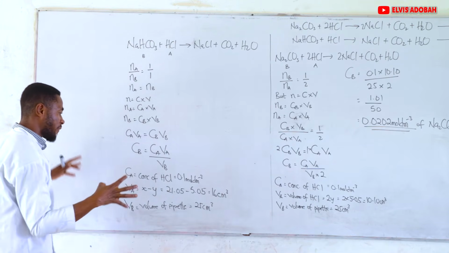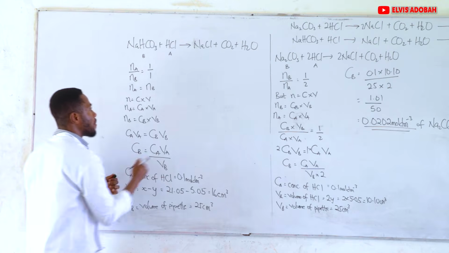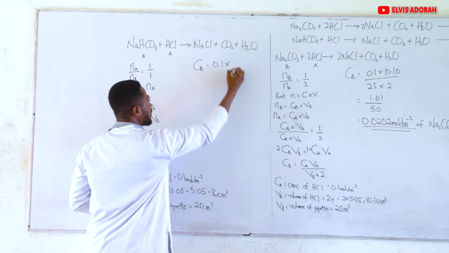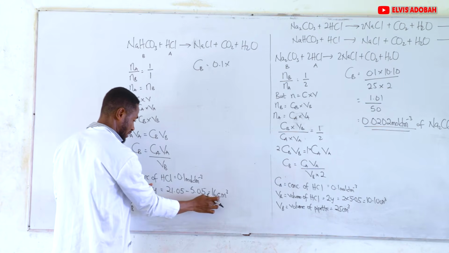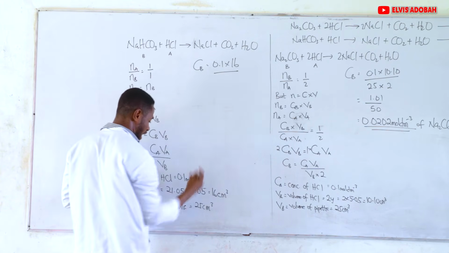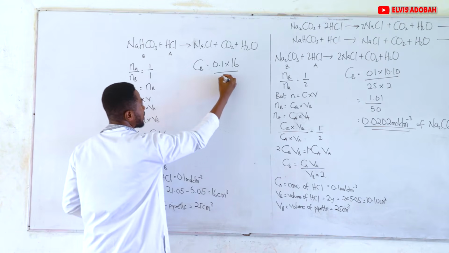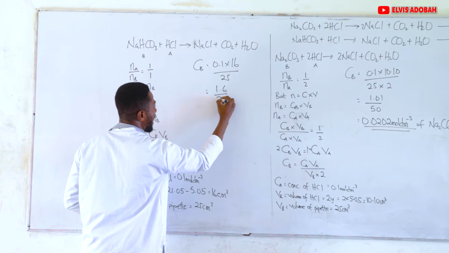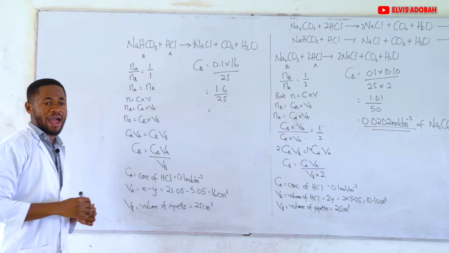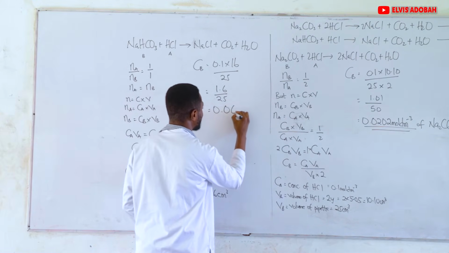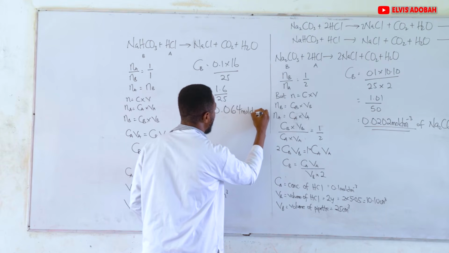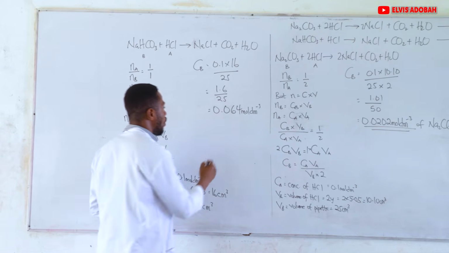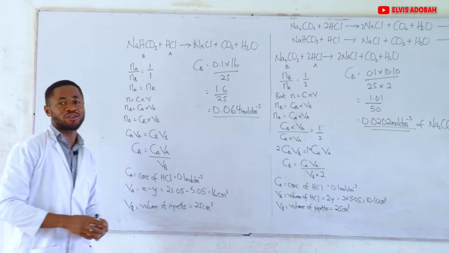So we can fix these values into the formula. C of A is 0.1 times V of A, which is 16, divided by volume of the pipette, which is 25. Now this one will give us 1.6 divided by 25. 0.064 mole per decimeter cube.